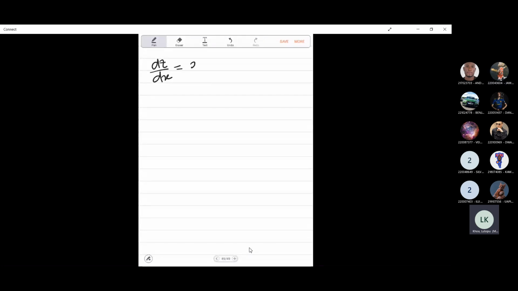This is 2z plus 3 plus 3 times z minus 1 over z minus 1. So this means that dz dx is equal to 2z plus 3 plus 3z minus 3 over z minus 1.